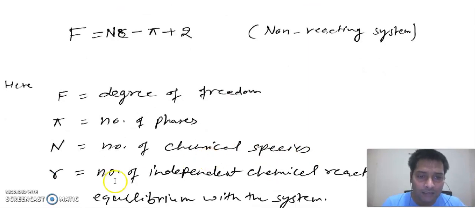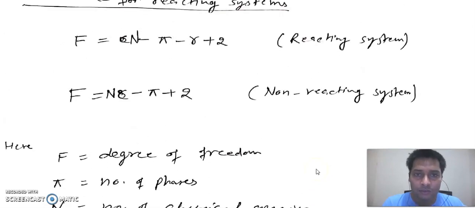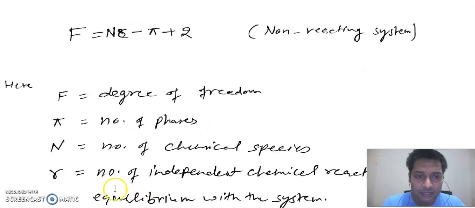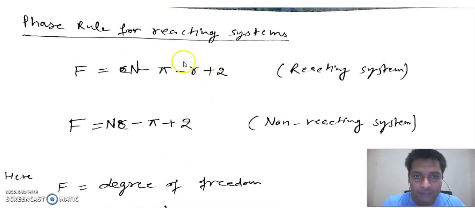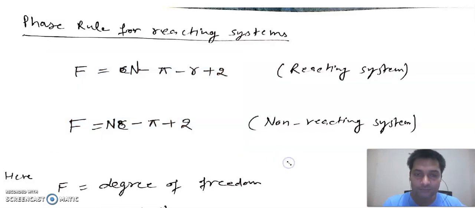And r is the number of independent chemical reactions at equilibrium in the system. So the r value is there only for a reacting system. For a non-reacting system there are no chemical reactions, so this term will be 0. In this manner we can calculate the degree of freedom for both reacting as well as non-reacting systems.